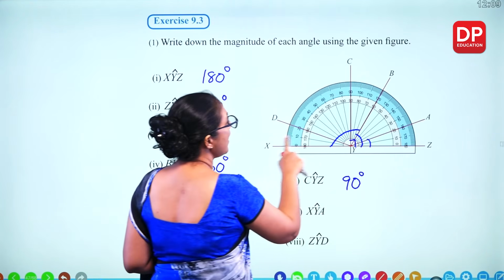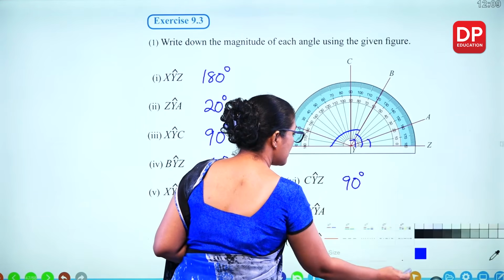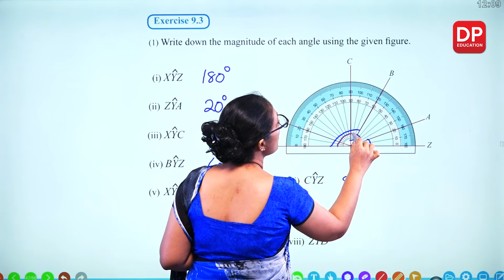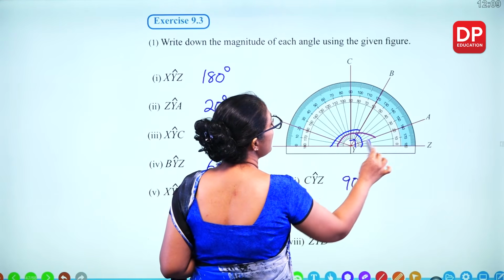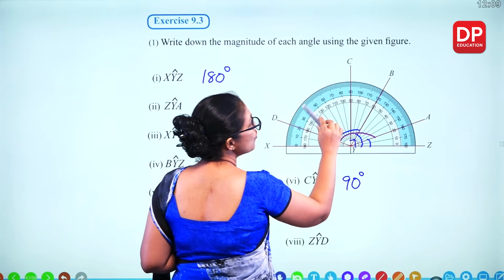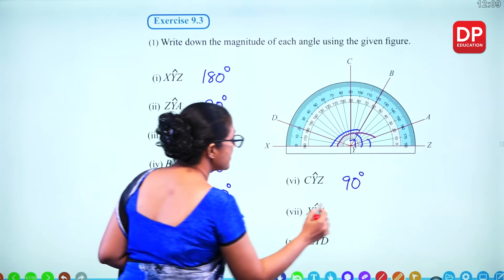XYA. XYA is this angle. This is an obtuse angle. Here you have to use the outer bound. That's 160 degrees.